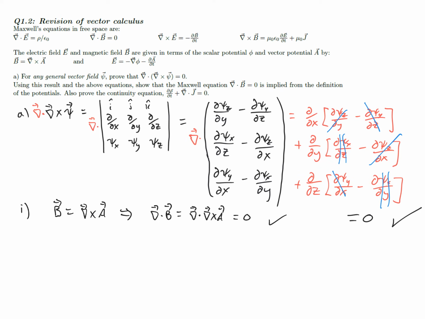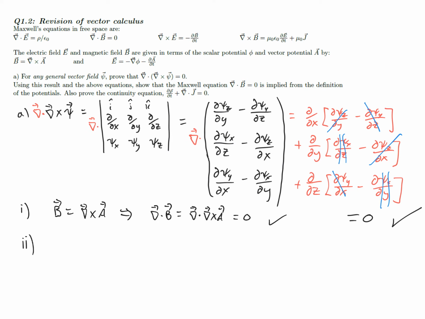The divergence of B is equal to 0. So this is nice because by using this definition of the magnetic field in terms of the vector potential, we automatically satisfy one of Maxwell's equations. Who knew?